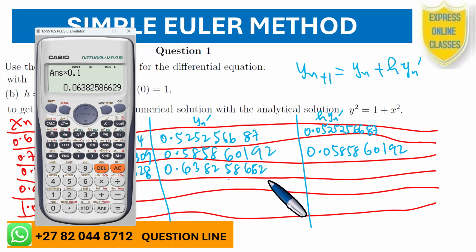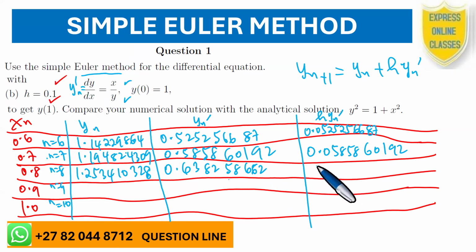So that is what we have, which is 0.0638258662.